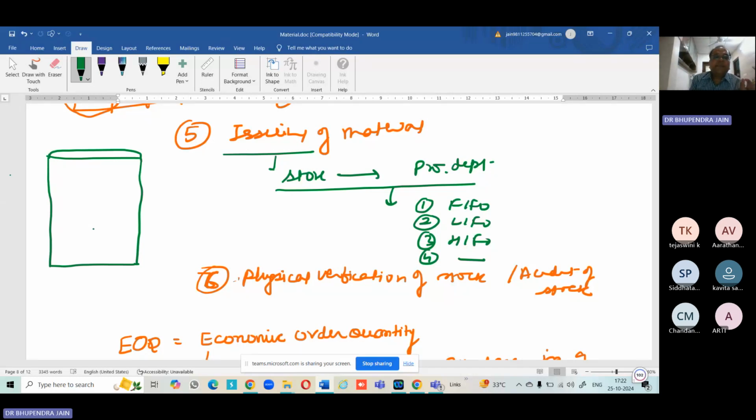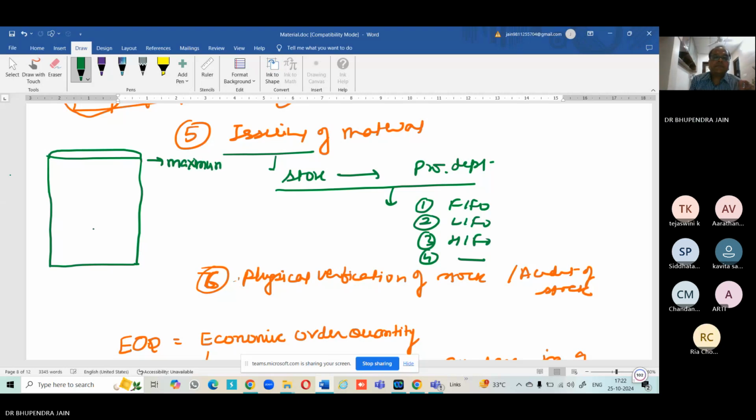The first level is the maximum stock level. We have decided the level of material. Which level? Maximum stock level.